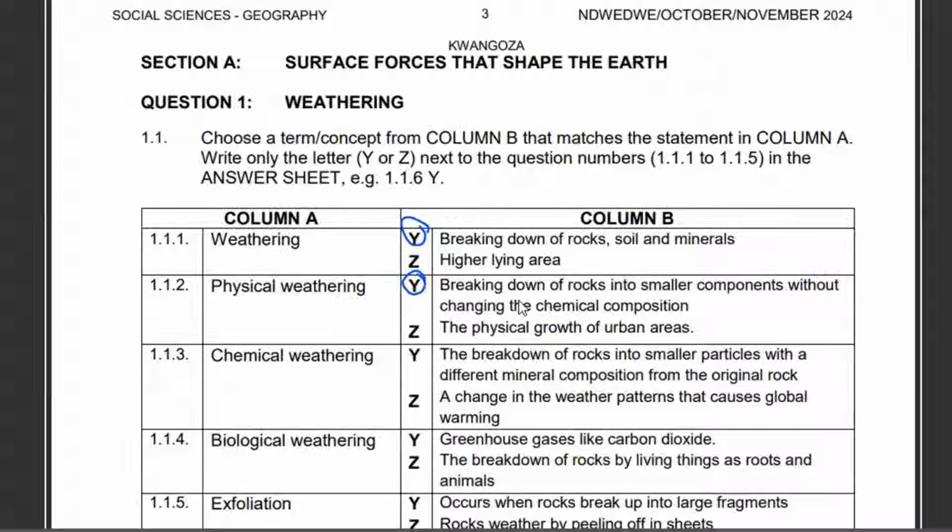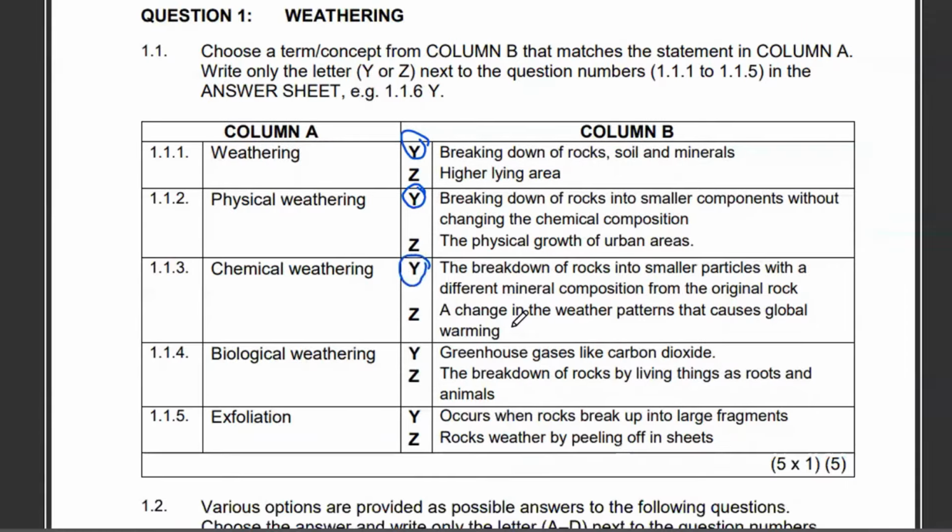Then we have chemical weathering: Y, the breaking down of rocks into smaller particles with a different mineral composition from the original rock. Z, a change in the weather patterns that causes global warming. So here our answer is Y, which is the breakdown of rocks into smaller particles with a different mineral composition from the original rock.